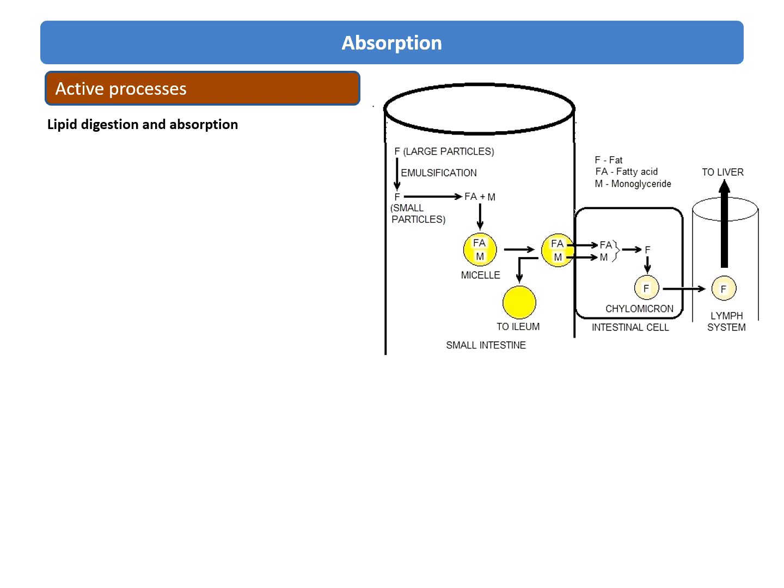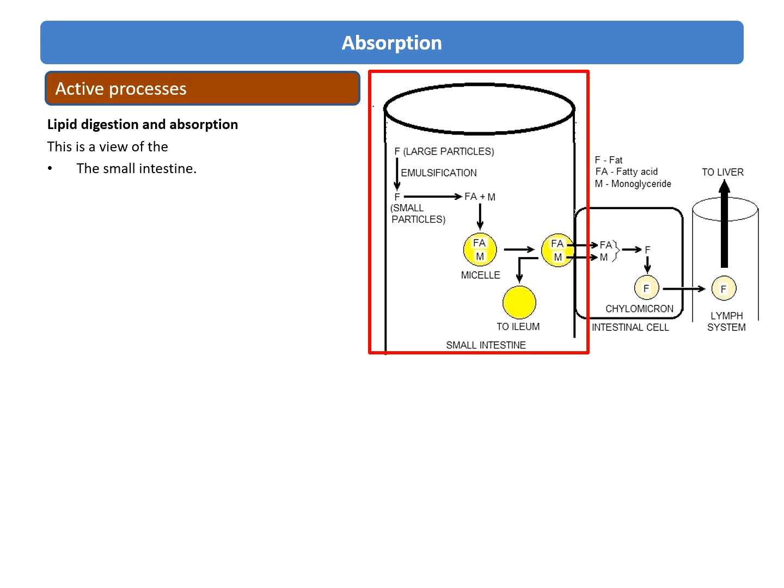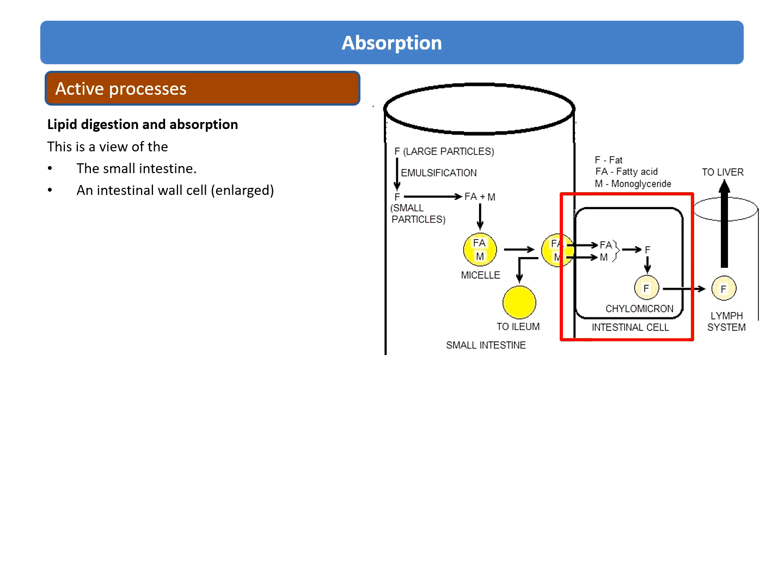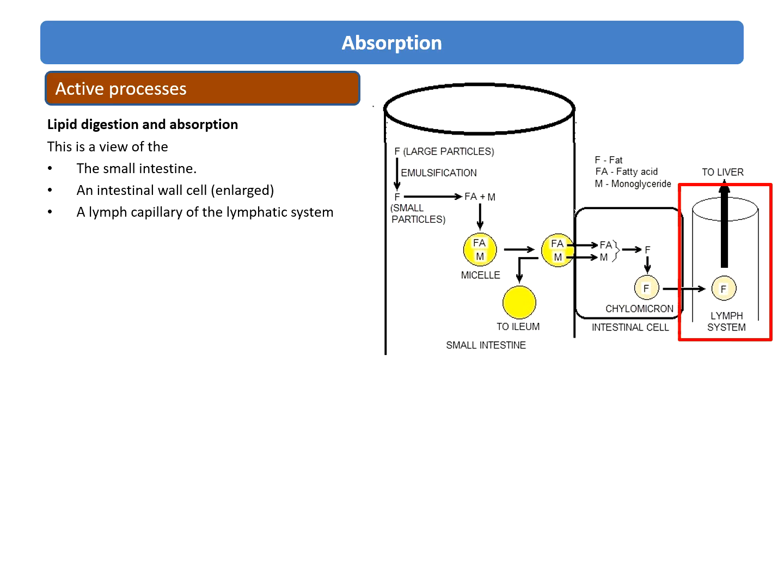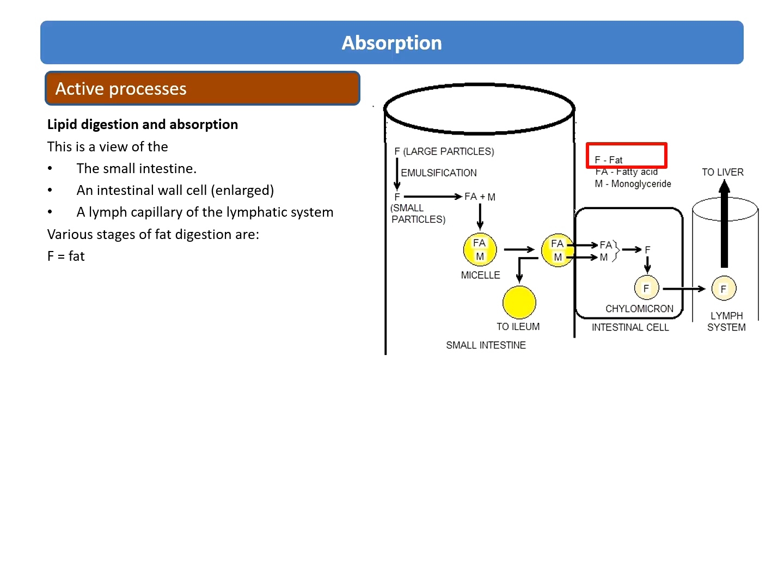Let's look at lipid digestion and absorption. This is a view of the small intestine, an intestinal cell wall, highly enlarged, and a lymphatic capillary. Various stages of fat digestion are illustrated with the F, fatty acids, and monoglycerides.